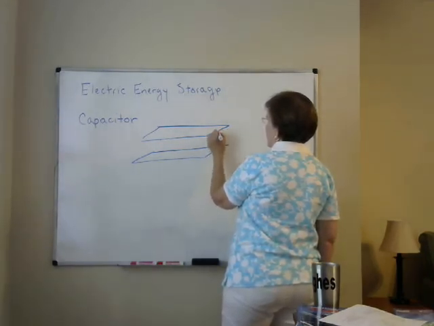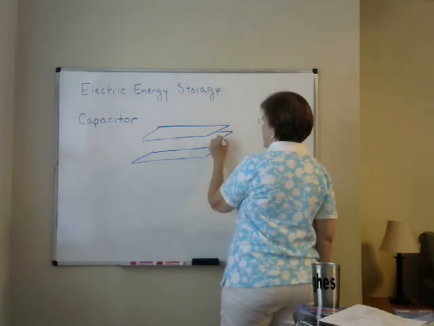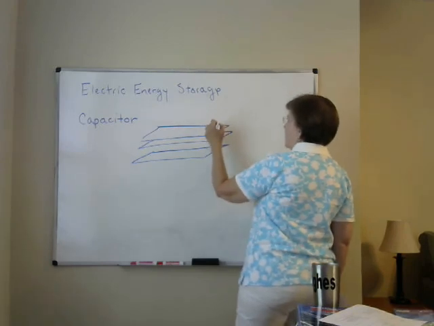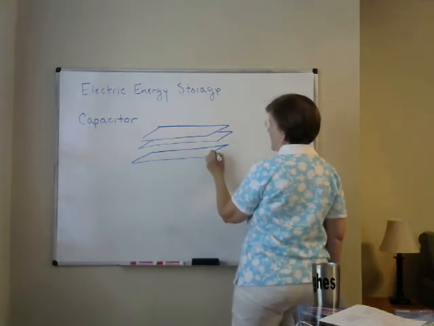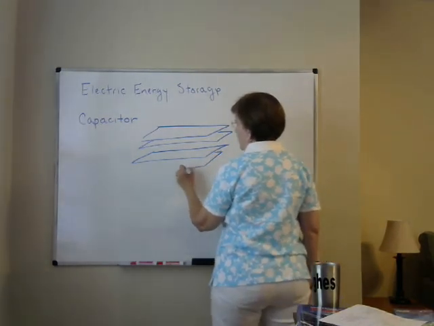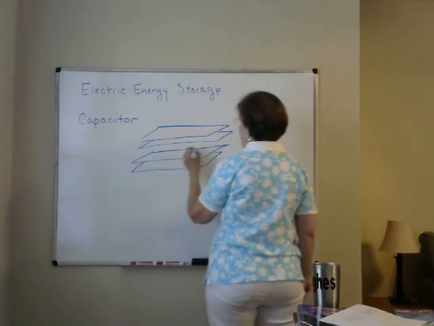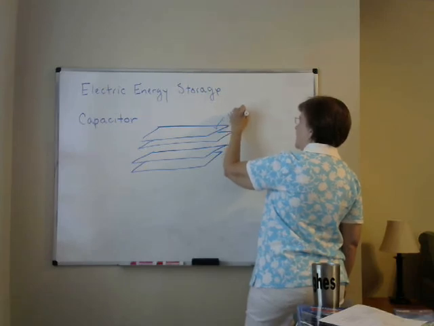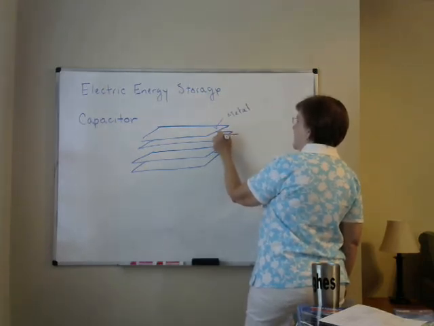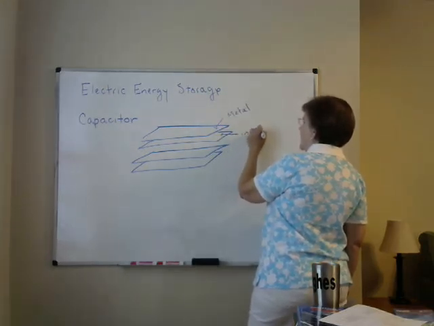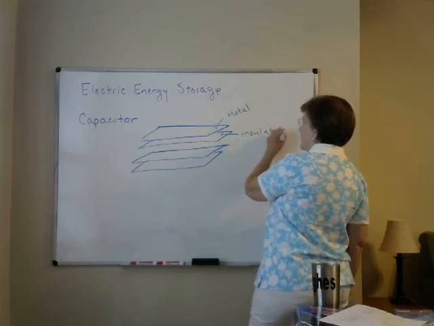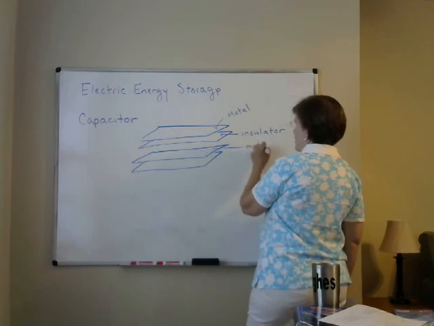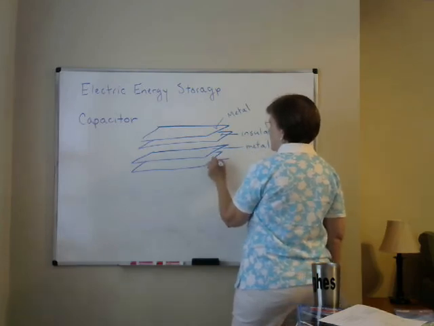See if I can draw this. So we've got, and we'll probably put another sheet of paper down here. Okay, so we've got metal, like foil, and then we have an insulator, like a piece of paper, another piece of metal, another piece of insulator.